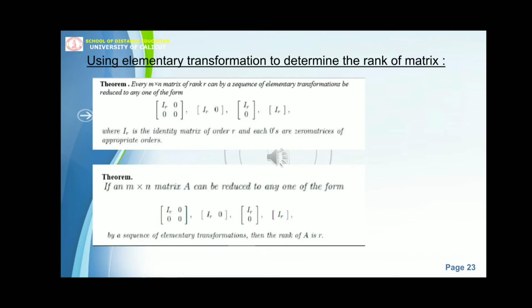The second theorem states that if an m × n matrix A can be reduced to any one of these forms by a sequence of elementary transformations, then the rank of A is r. So, combining these two theorems, we can see how elementary transformations can be used to determine the rank of a matrix.